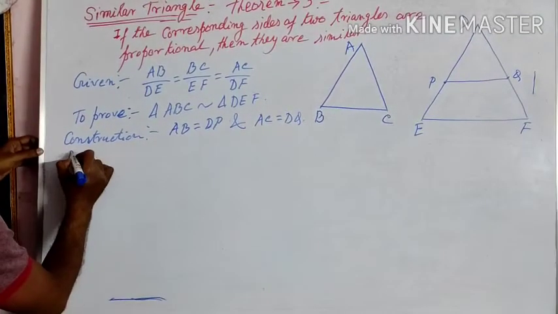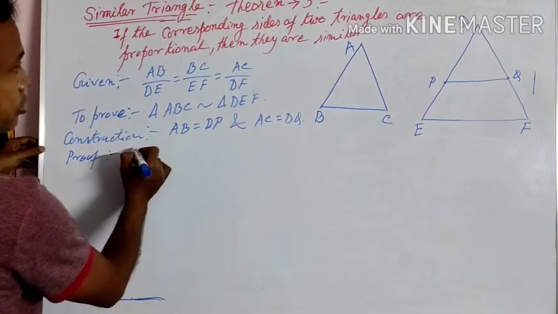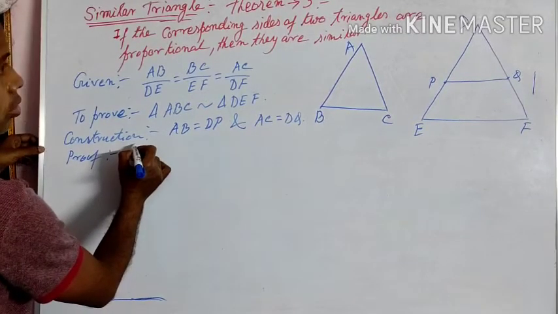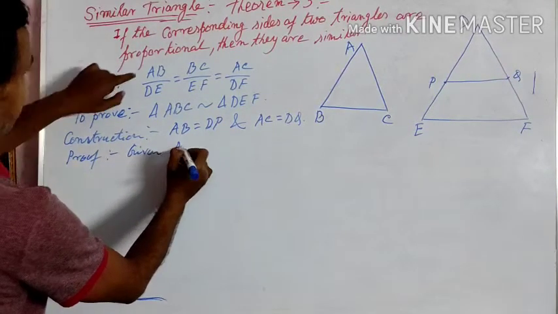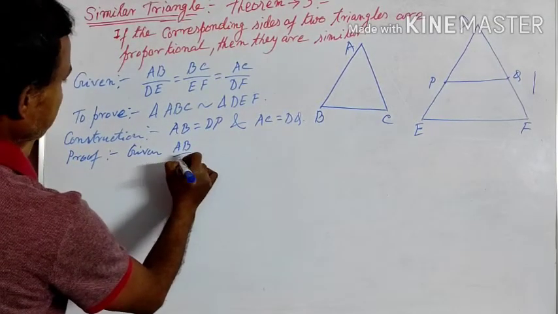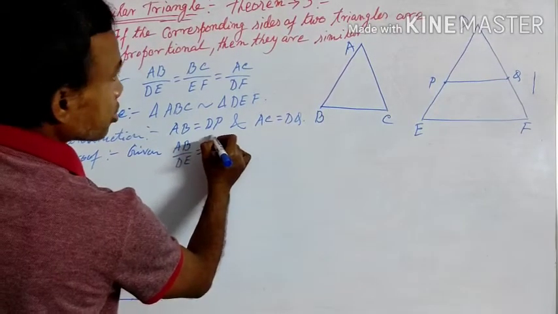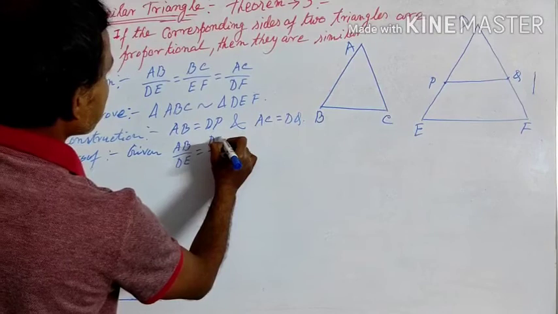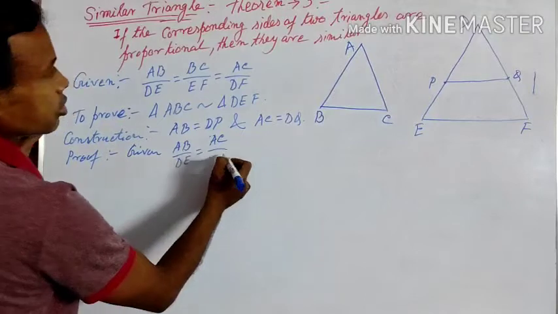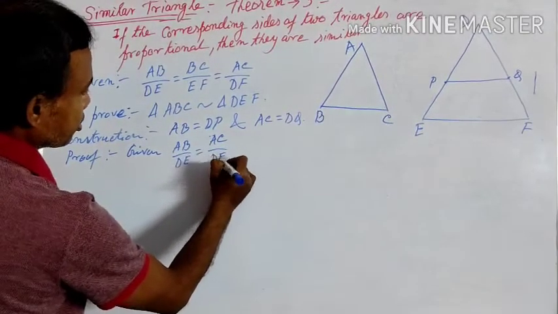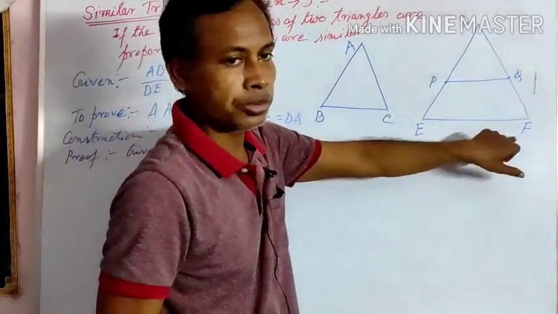Proof. In the triangle, given here, AB by DE is equal to AC by DF, given.